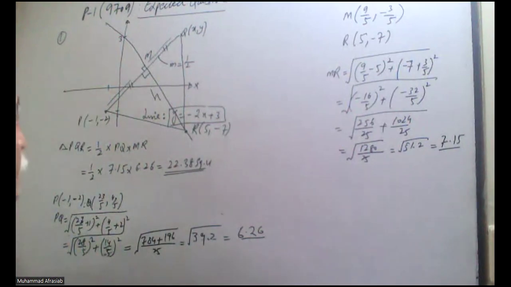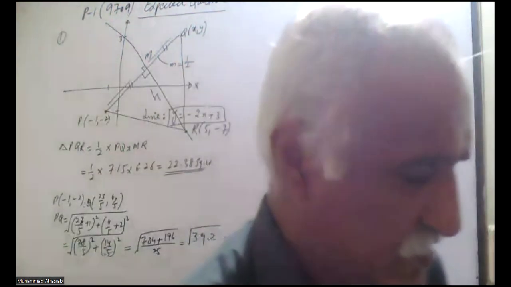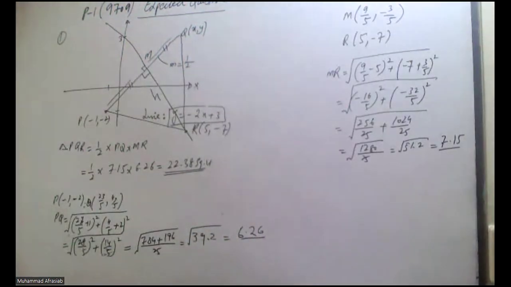So this is from the topic of coordinate geometry, where we found the coordinates of Q, then the coordinates of R, and then the area of this triangle PQR.